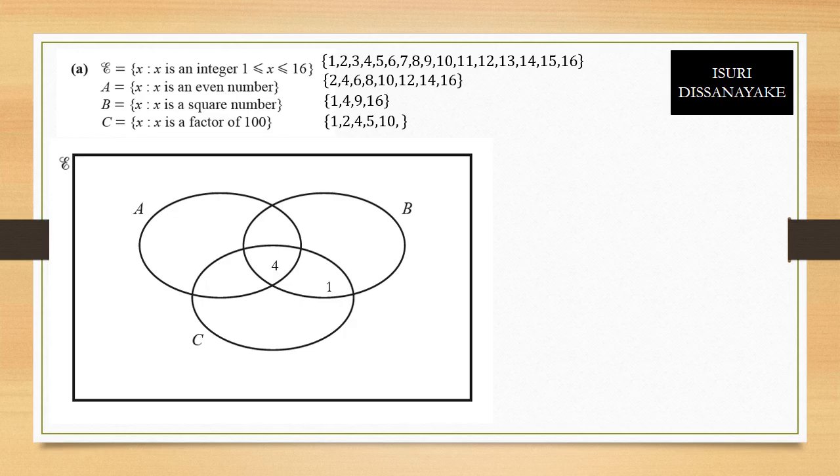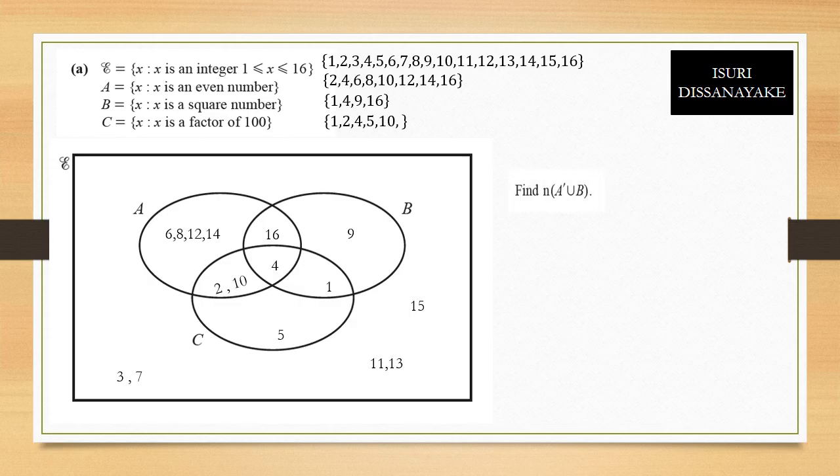And then for sets B and C, then for sets A and C, and for sets A and B. Then I will complete set A, set B and set C. Also I will include the elements that are not in set A, B and C, but are in the universal set. Now the Venn diagram is completed.